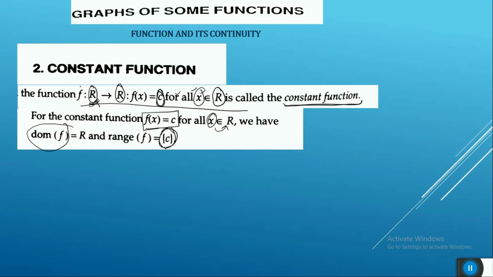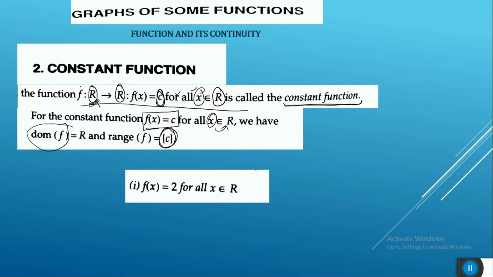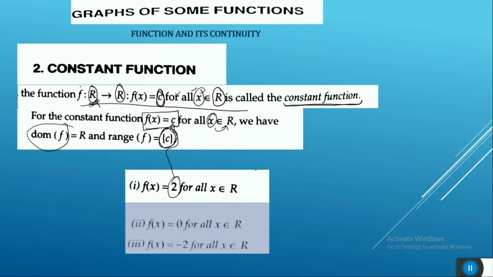Let's see an example so that you will understand better. You can see f of x equals 2, right? This is acting as c. It will never change whatever x value you put. Some more examples: f of x equals 0, f of x equals -2. So these will be your constant functions.